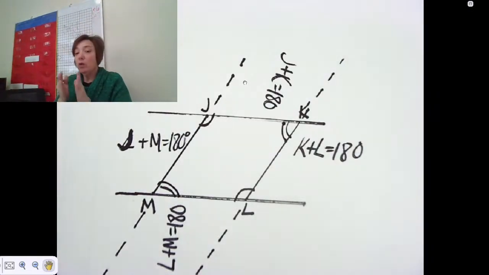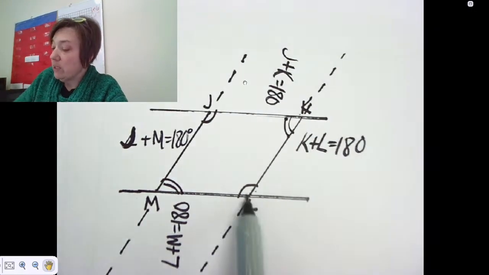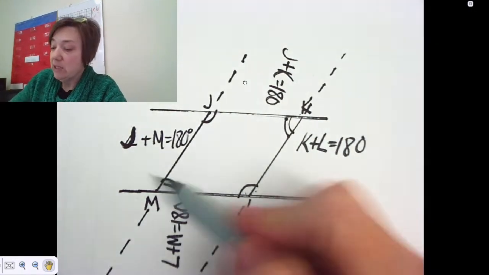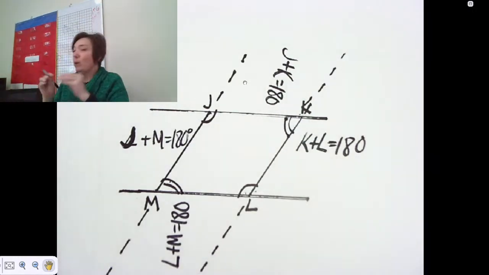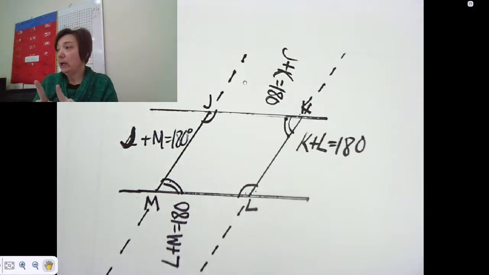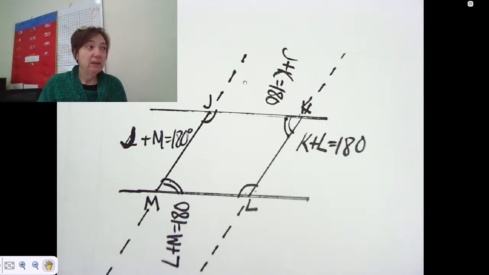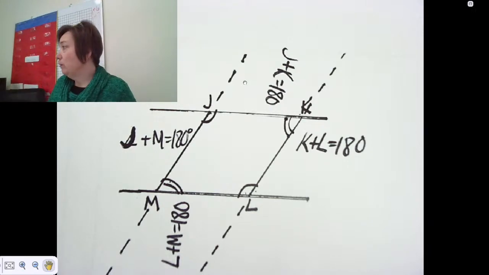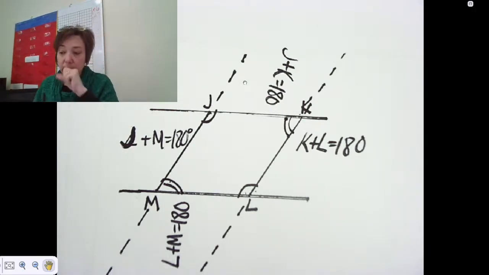So we know that this angle plus this angle is 180. This angle plus this angle is 180. This angle plus this angle is 180. This angle plus this angle is 180. So if we pick any two angles that are side by side, that's called consecutive, right? Any two angles that are side by side, consecutive angles, they add up to 180.